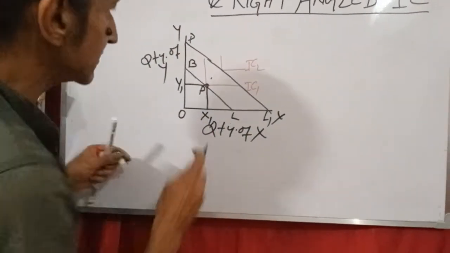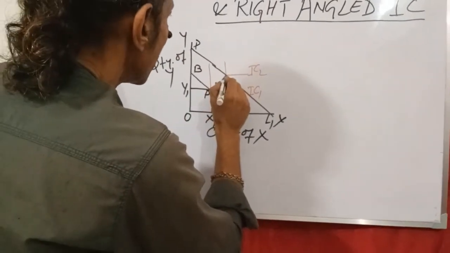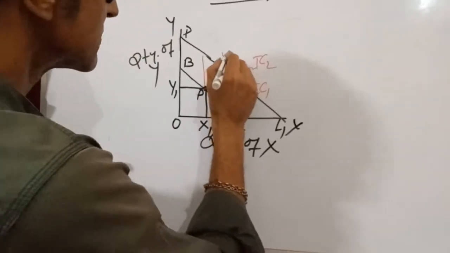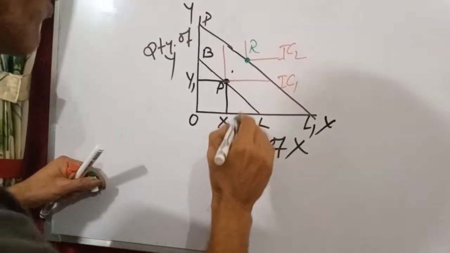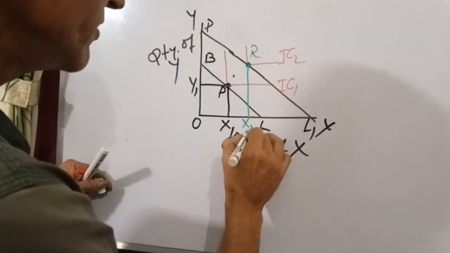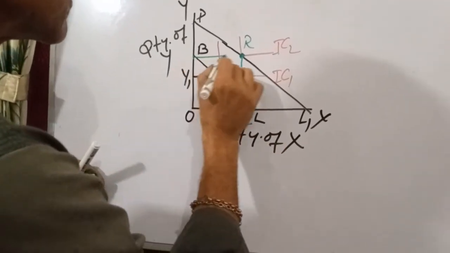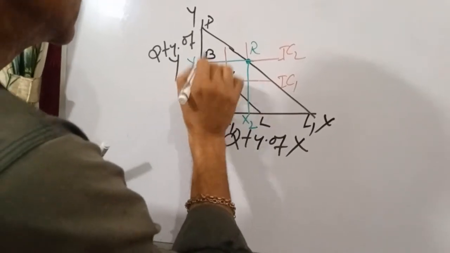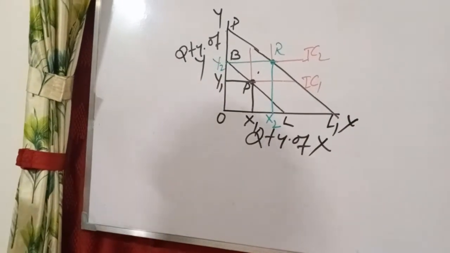Here the consumer is in equilibrium, say at point R, where he is consuming OX2 units of X and OY2 units of Y.